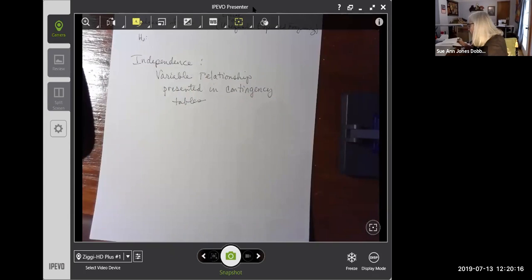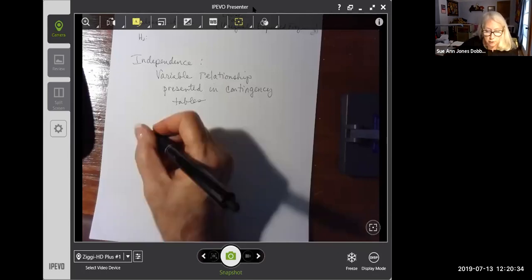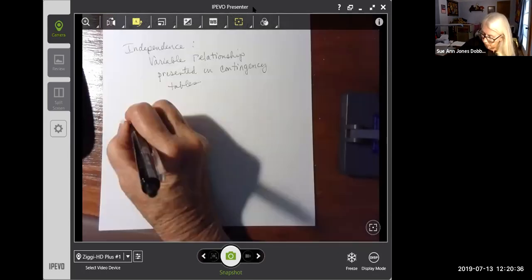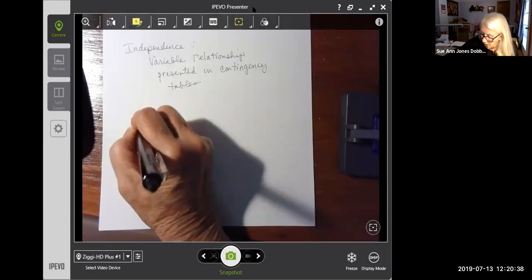For example, I'm going to look in your textbook. It goes thoroughly through a problem about how gender is related to what type of ice cream you like to eat. Okay, and I'm actually going to take the time to put this contingency table down here.